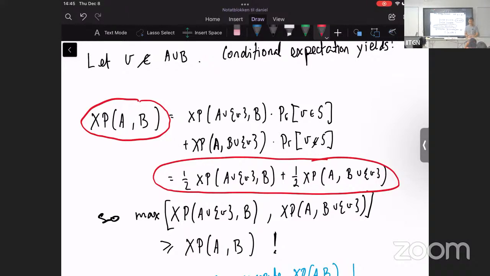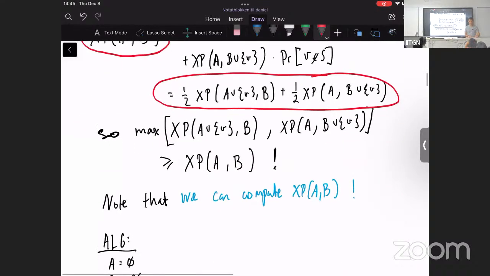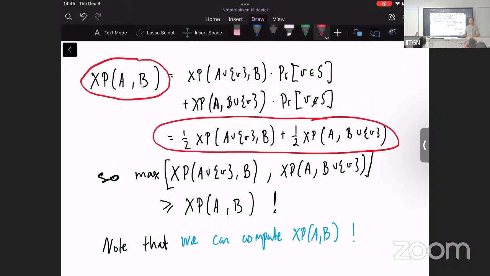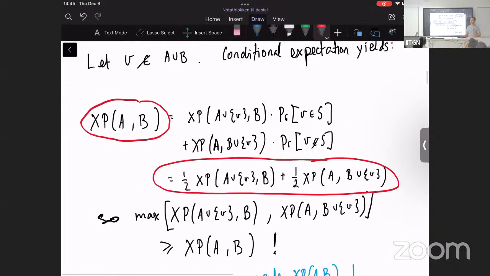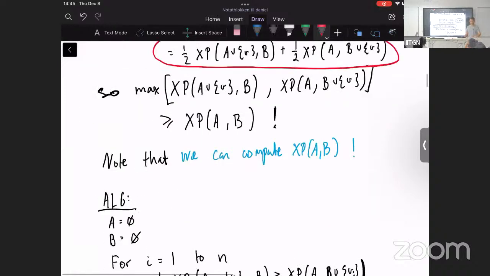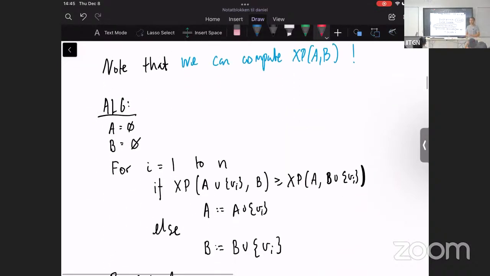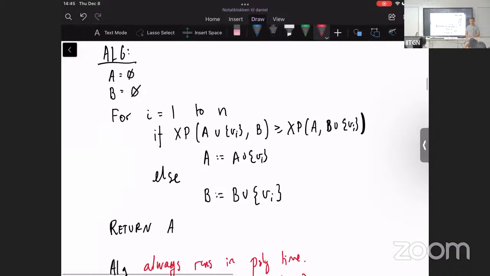So in particular, that leads to a fun algorithm because we can compute XP of AB. We know what it is. In the beginning, with A equals the empty set and B equals the empty set, XP is at least M/2. So now what do you do? You go over all the vertices and ask, should I put V into A or B? You figure out which one gives you the largest conditional expectation.